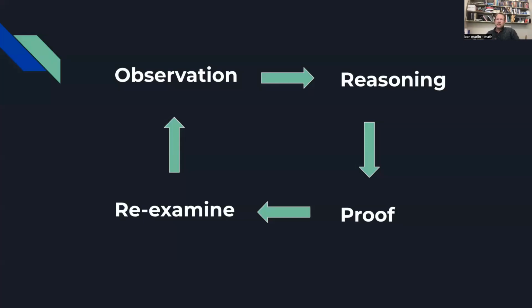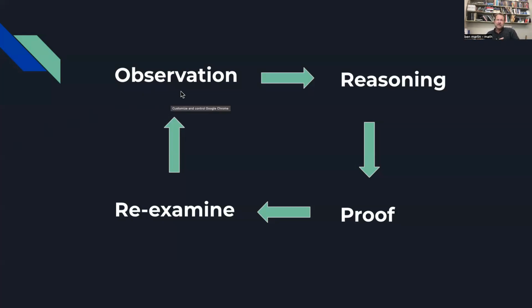So this is kind of a schematic that gives you a notion of how to math, really how to reason. Over here, notice that we have this idea of observations.